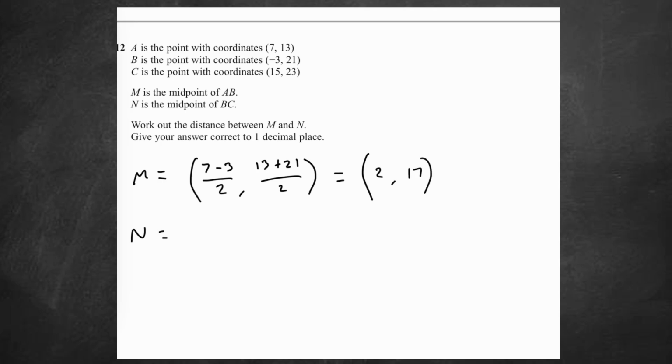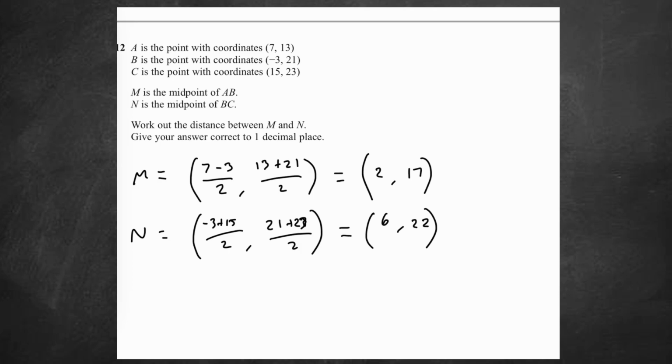Similarly, N is the midpoint of BC, so we're going to do minus 3 plus 15 over 2, and 21 plus 23 over 2, which just gives us 6. So that would be 12 over 2 and 22.